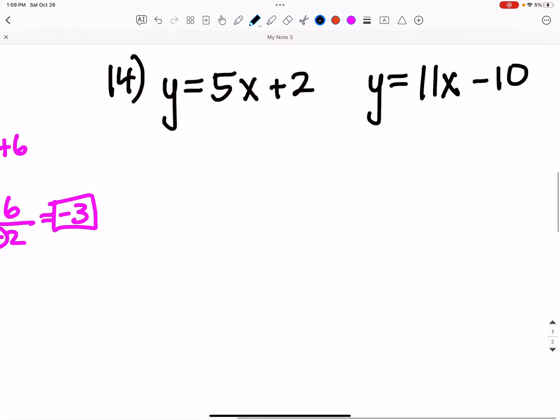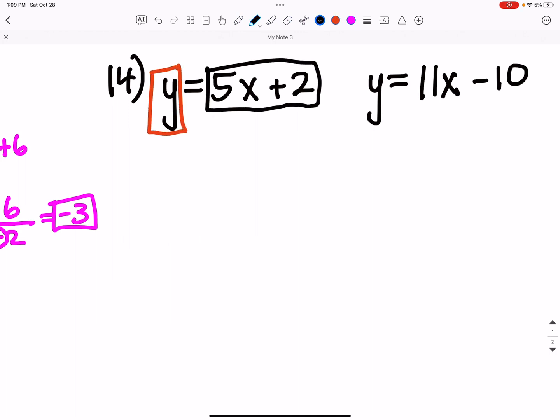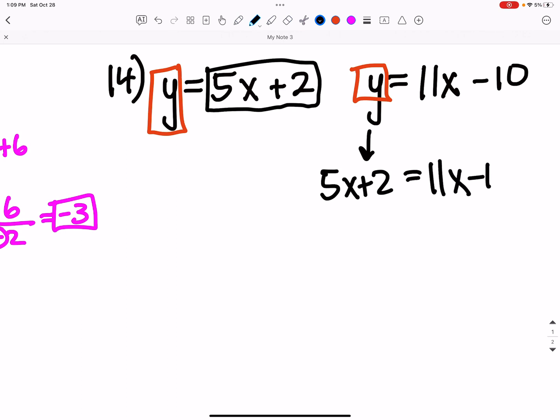Number 14. Let's see. I know y is the same thing as 5x plus 2. So I'm going to take out this y, and I'm going to plug in 5x plus 2 equals 11x minus 10. Make your teams. There's an x team. There's a number team.